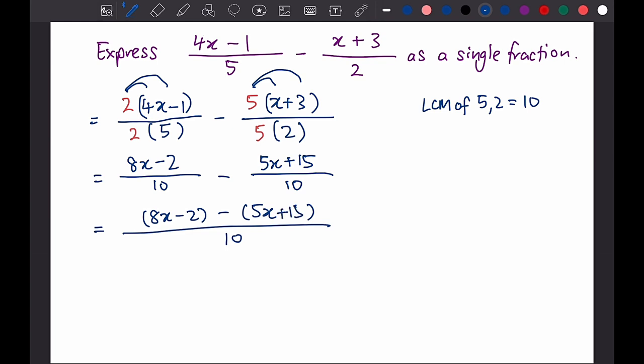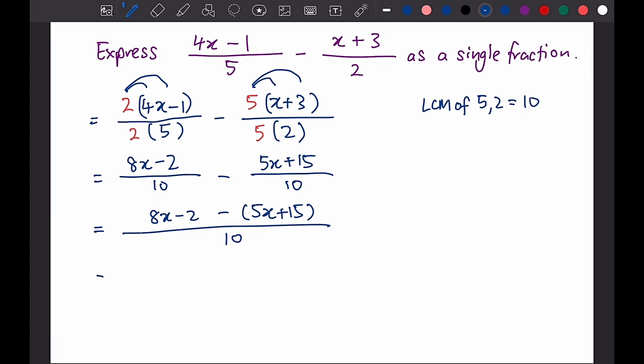So the minus over here is going to minus the whole entire 5x plus 15 and not just the 5x. So it's going to affect the 15 as well, right? So we can actually just drop the bracket in the first two terms here, and then this is like a -1 being distributed in.